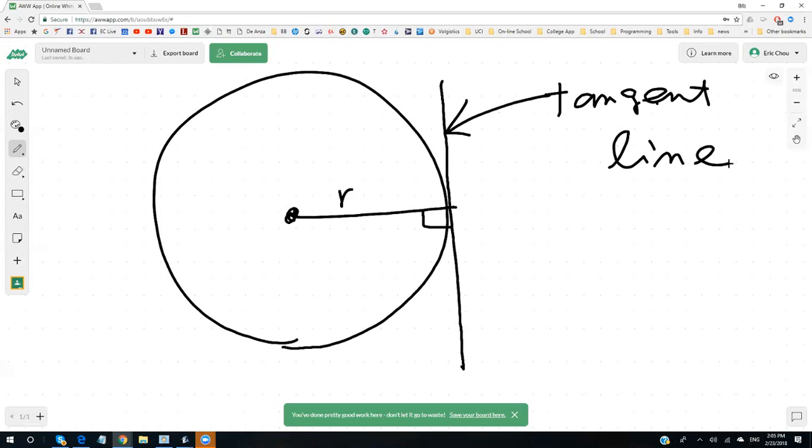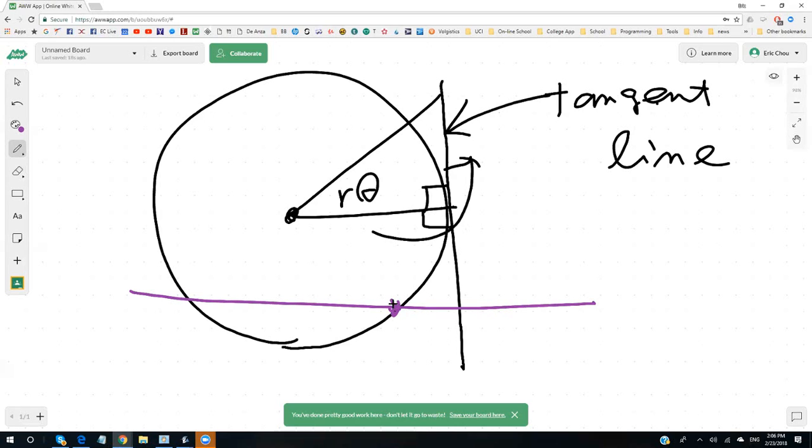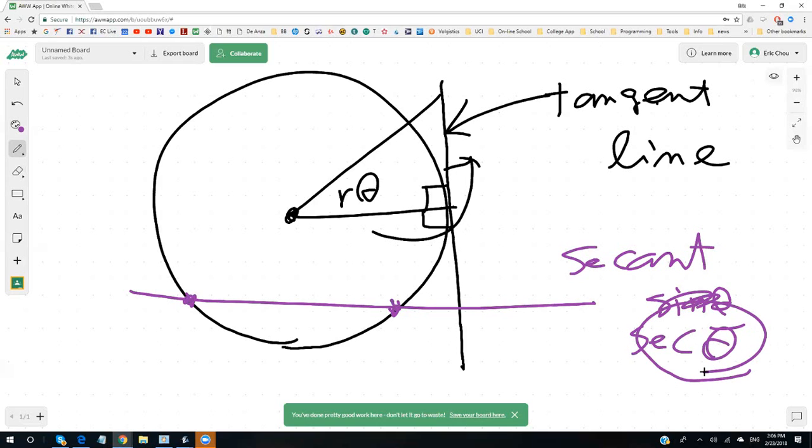So as your tangent line, you can also draw this. There's a single theta, the ratio of this to the tangent line. It's called tangent. There's another line. It's not actually outside, but this guy actually cuts through it. This guy is called secant. There's a secant line.